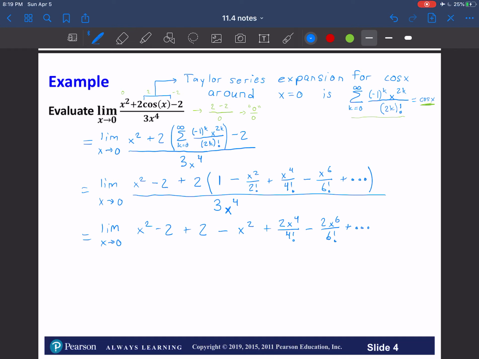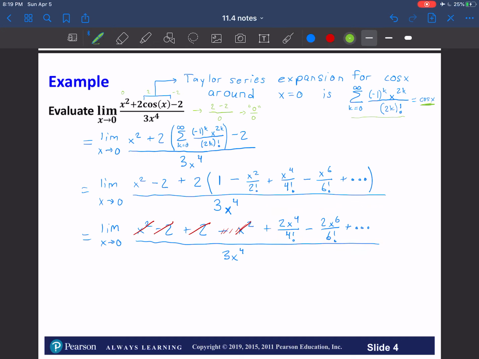Okay, so what you might notice here is that we have a lot of terms that cancel out. I guess I should write the denominator. So the denominator is 3x to the 4th. Like I was saying, a lot of terms cancel out. We have an x squared and a minus x squared. We have a minus 2 and a positive 2. And so what we're left with is just this infinite sum over here.